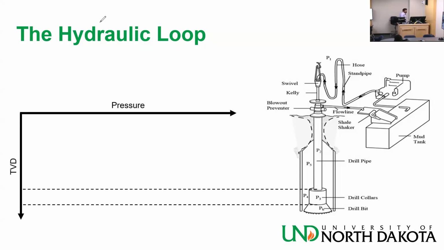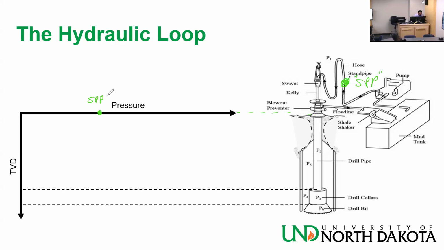And it goes from the beginning of the well to the bottom of the well. Now, we started here. But we said we are measuring the pressure on the standpipe, right? This is SPP. And let's just say SPP is somewhere here.